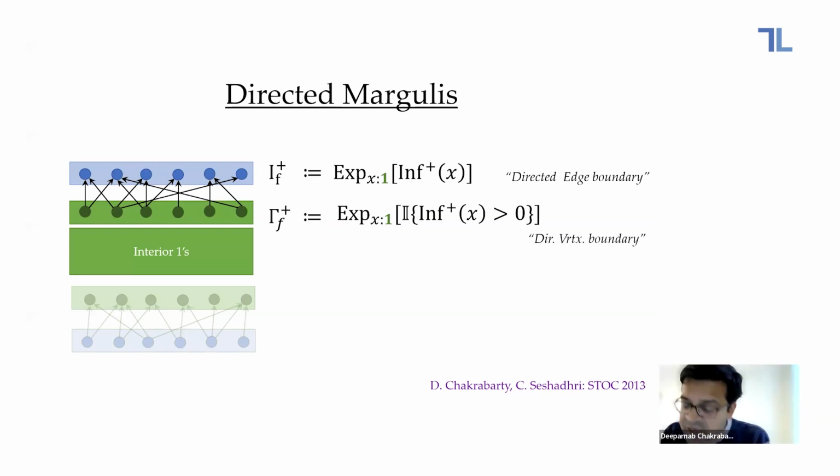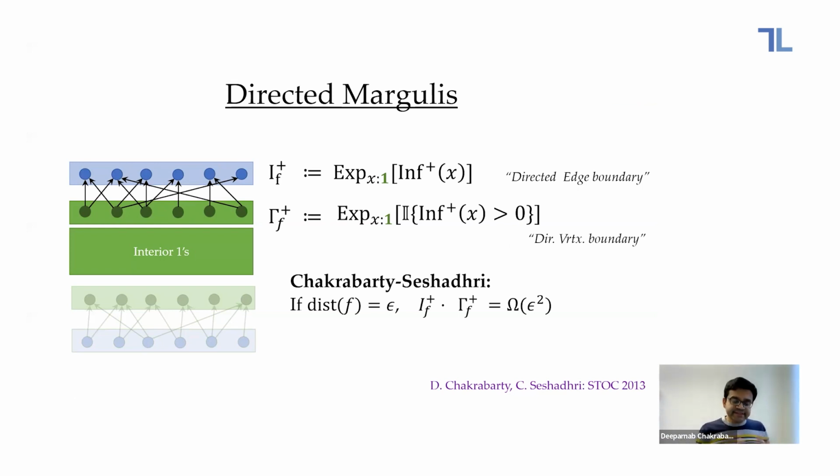And what we proved with Sesh around 10 years ago is the directed analog of Margulis: if the distance from monotonicity is epsilon, then the vertex edge out boundary times the vertex out boundary is epsilon square.